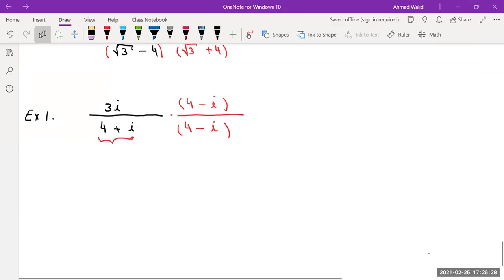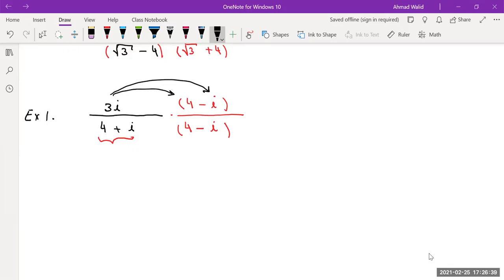Step 2, in the top, if you have one term multiplied by parentheses, you know how to proceed. Of course, you will distribute this term to the parentheses. It means you will rewrite 3i times 4 gives you 12i.